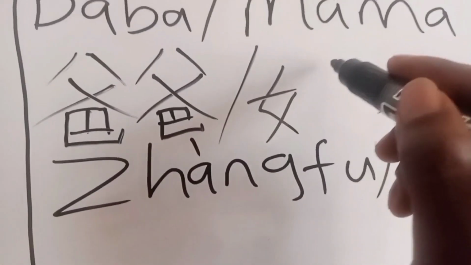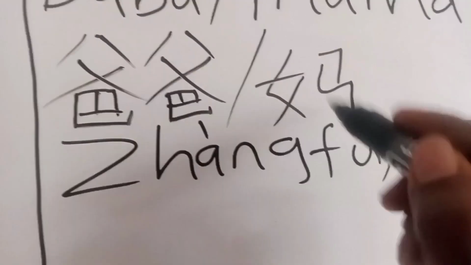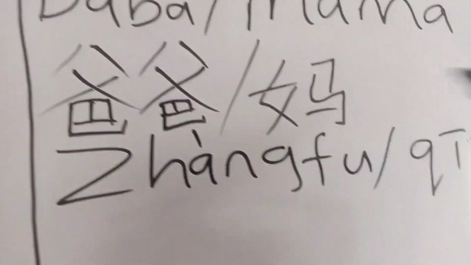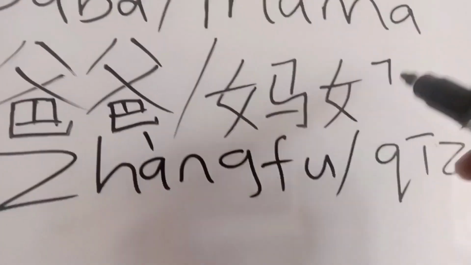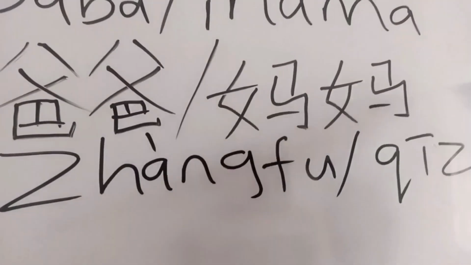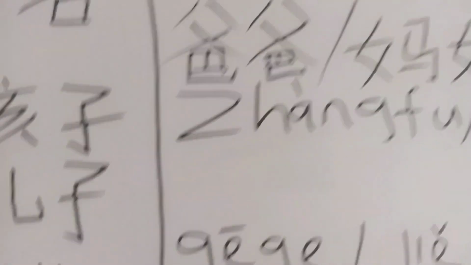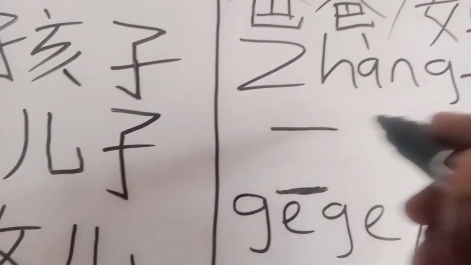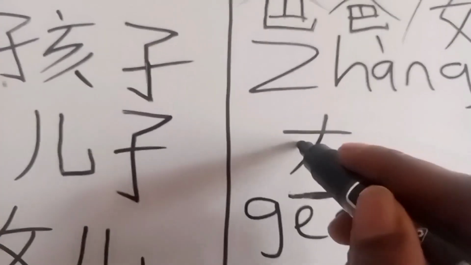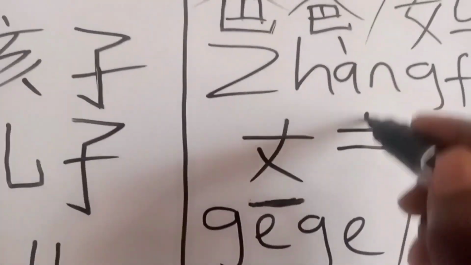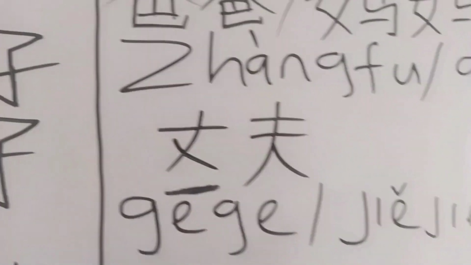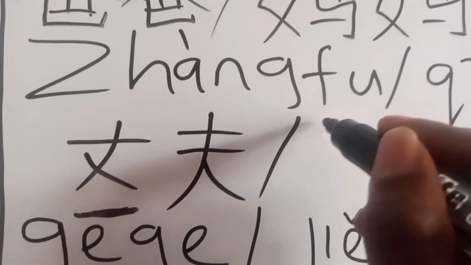This is how to write ma. Then you repeat it. Mama. 丈夫 is husband. Zhang. And this is fu. 丈夫. And this is qi, wife.